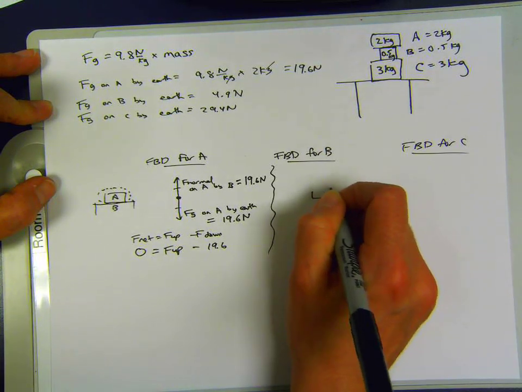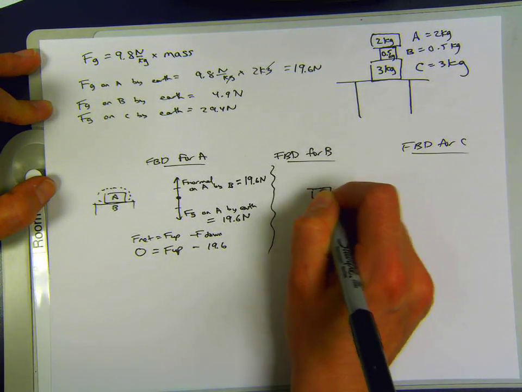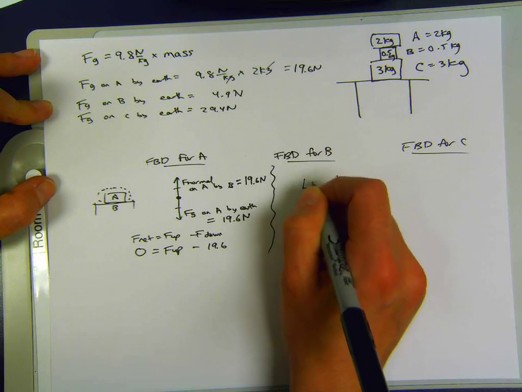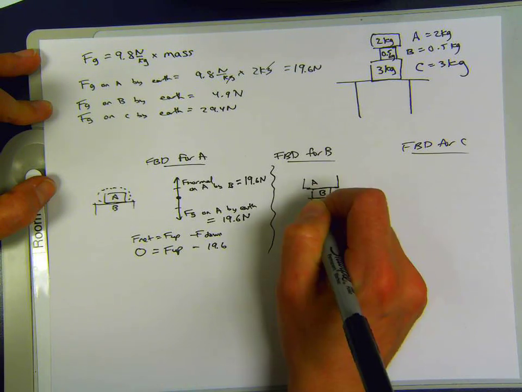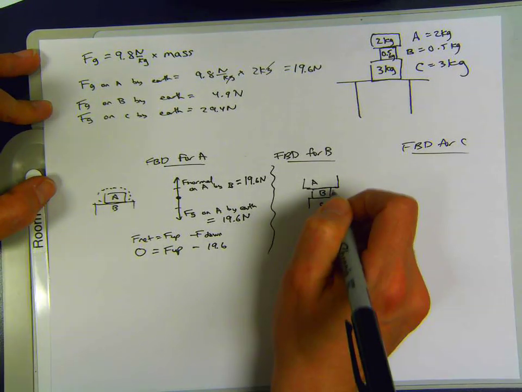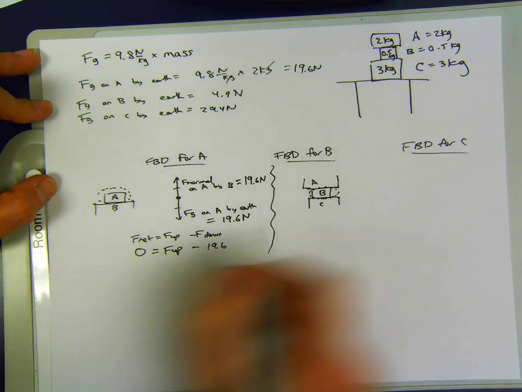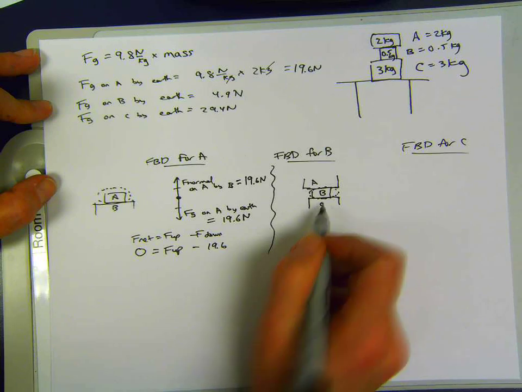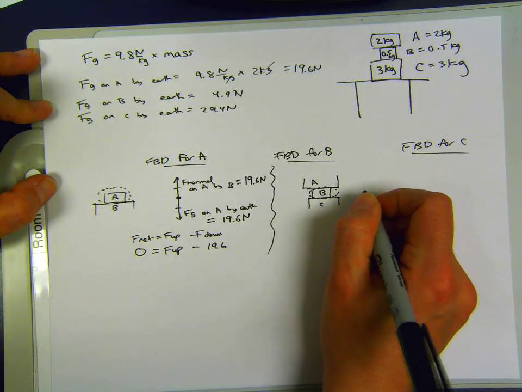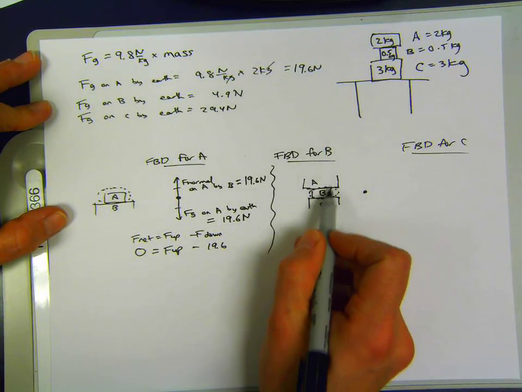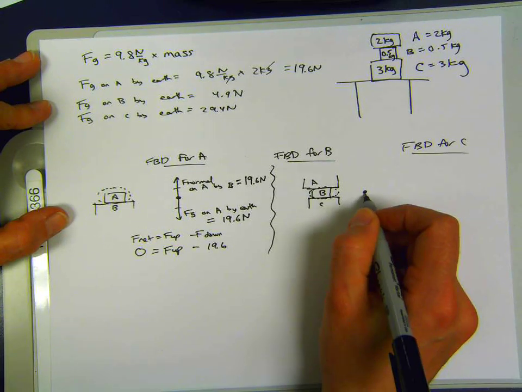I'll draw box B here, and box B is my system. We know there's box A above it and C below it, and then of course there's a table and so on. But I'm only interested in B, so I'm only going to circle B. The things that touch B are box A and box C. So I'll draw a free body diagram for B. Box A is a surface above it, so it must push down.